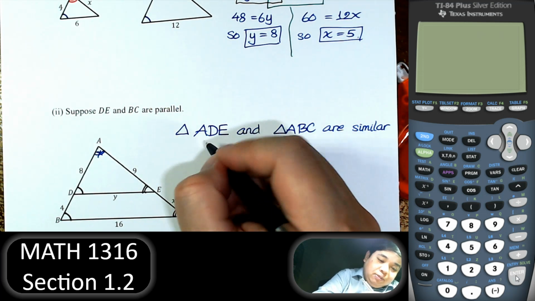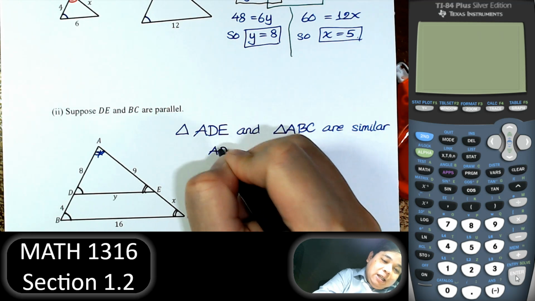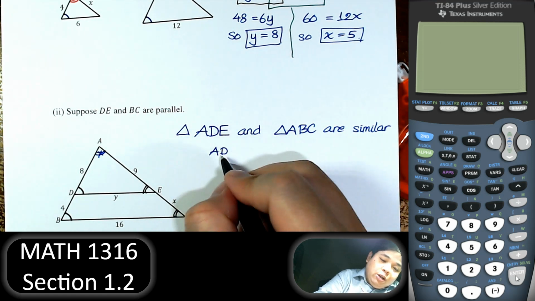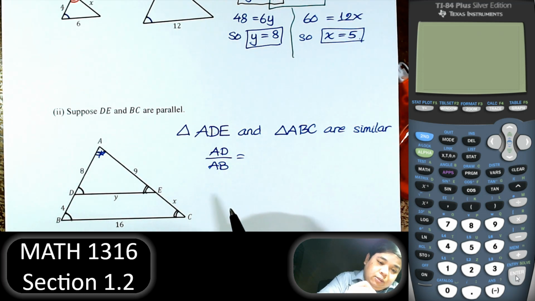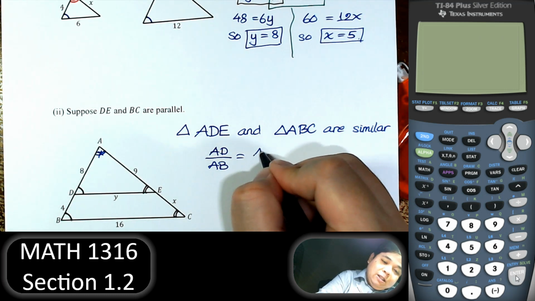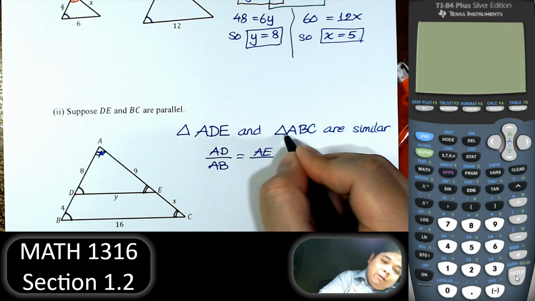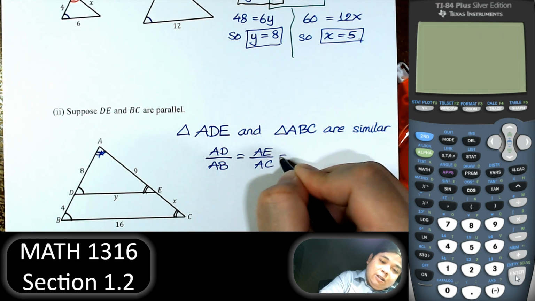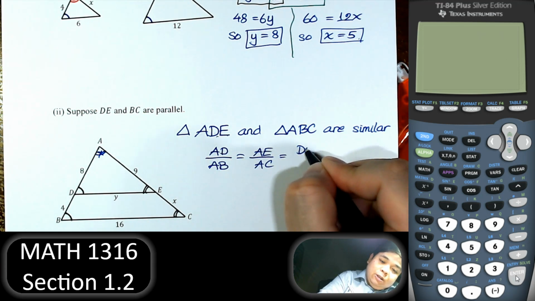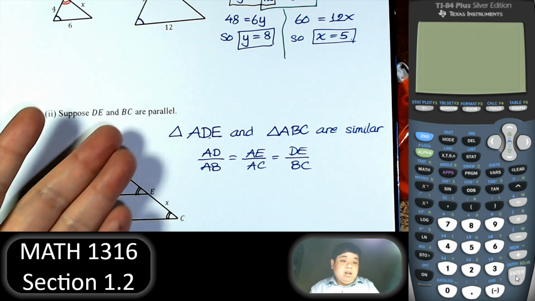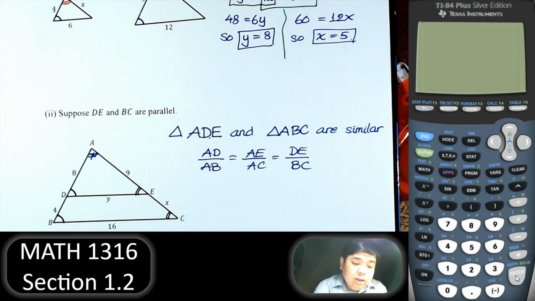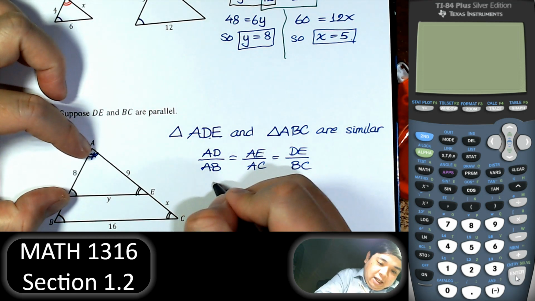So we can say AD, the first two, over the first two on that side. First and last. First and last. The last two. Right. So because they are similar, we have these ratios. AD is 8.